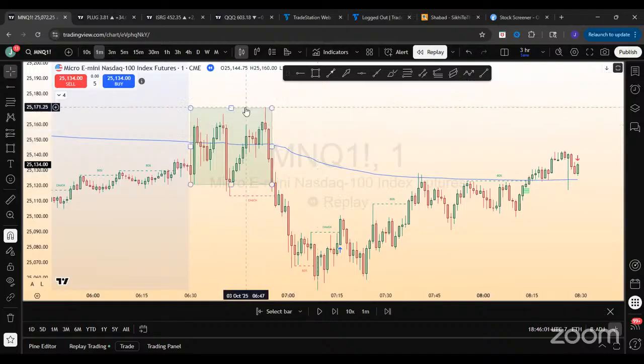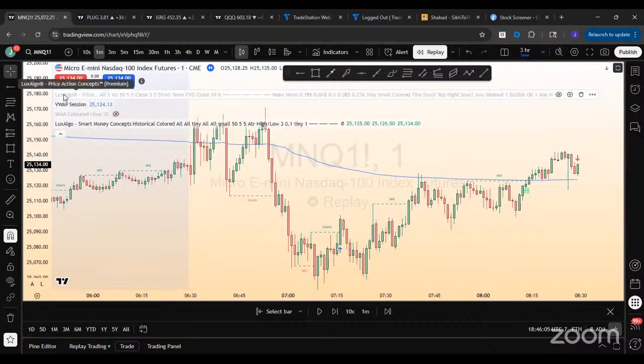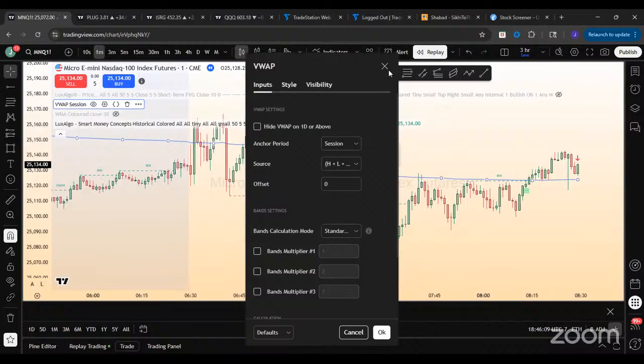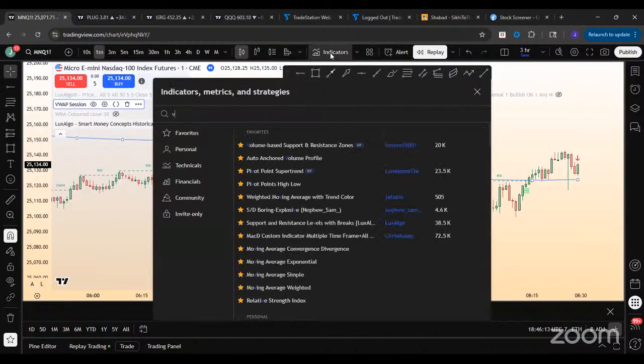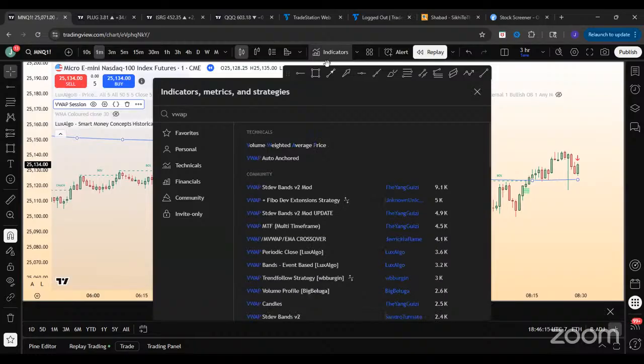Can you share the name of these indicators, like VWAP, or any specific settings? There are so many with VWAP. I just use a simple one, volume weighted average price.